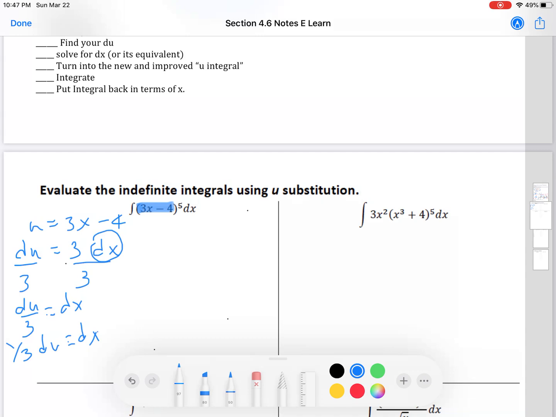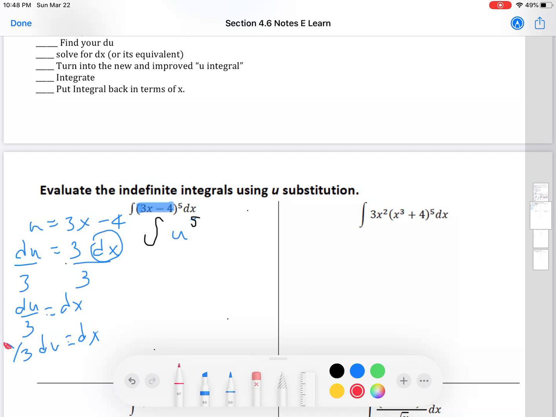So I've found my du, I've solved for the dx, so my next step is to turn this into a new and improved u integral. I'm going to set up a new integral, the integral of u to the 5th, and then the dx is equal to 1/3 du.